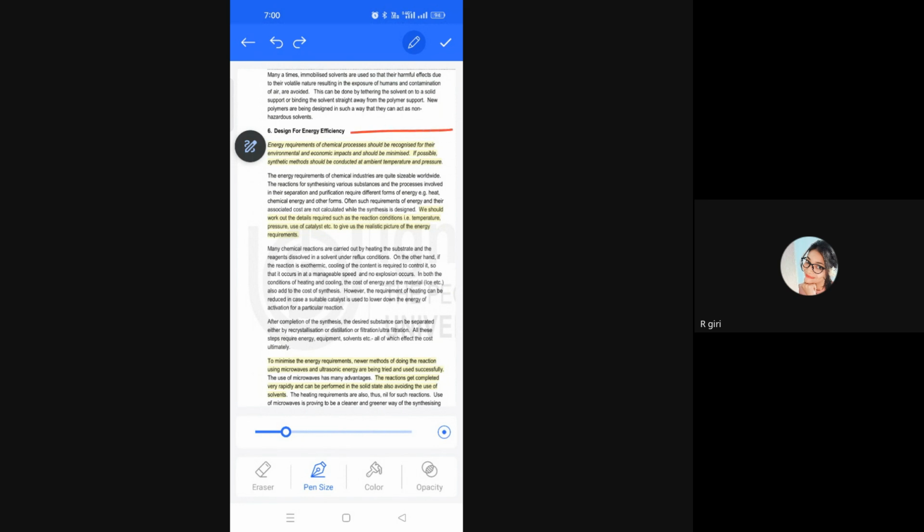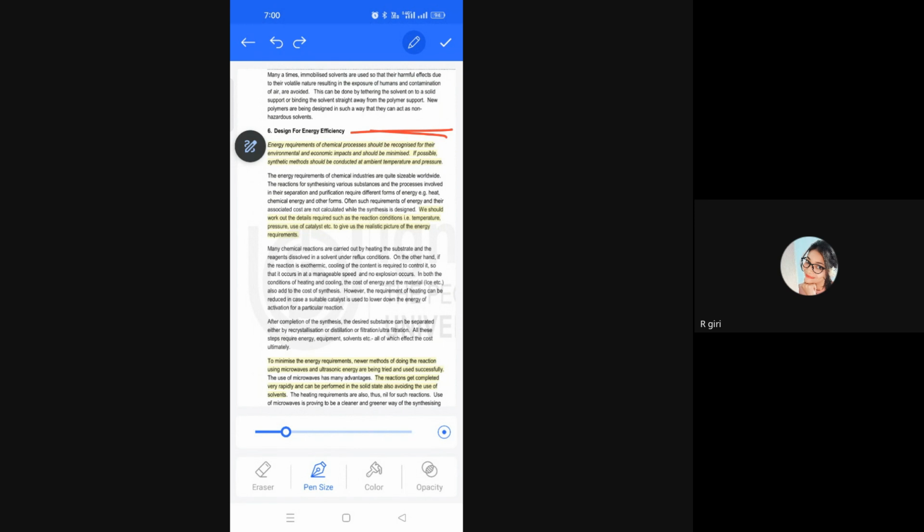Then comes design for energy efficiency. That means we should not use excess energy. We should control our energy use so that we do not use many types of energy, electrical energy, heat energy. If the reaction gives product using minimum energy, then it is better.